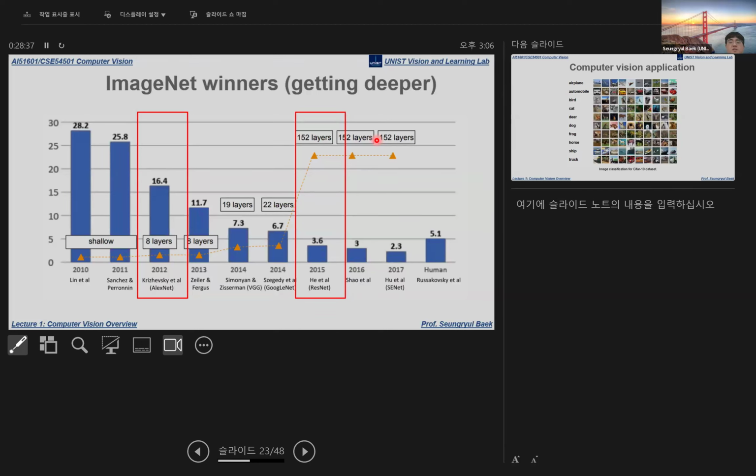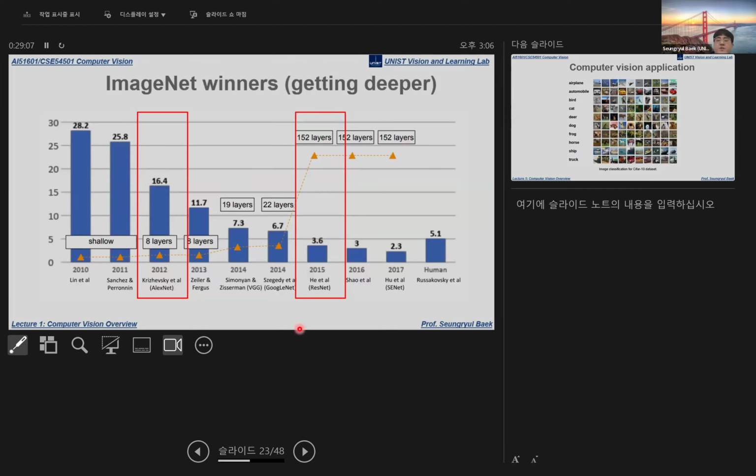Researchers found that because it is a deep learning architecture, if you increase the depth in layers, its performance becomes robust. Subsequently, the research trend was to stack more layers in deep architectures.